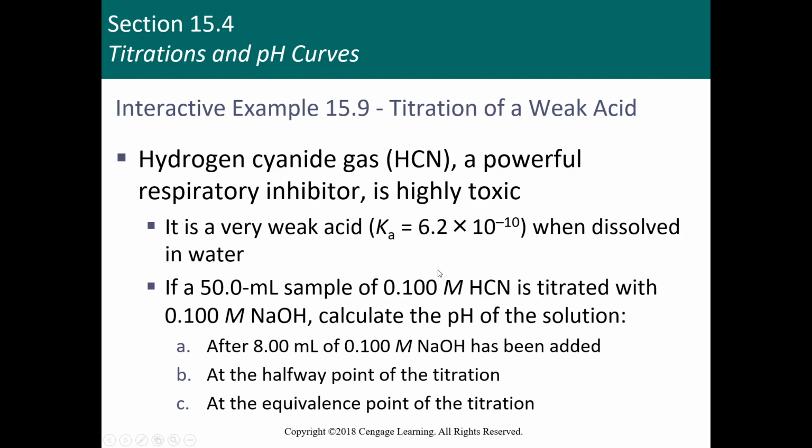And so we have initial amounts of the HCN we can look at. Each of these will then have different conditions. The first thing we'll consider is 8 milliliters of this 0.1 molarity NaOH having been added. The next one we'll consider is the halfway point of this titration, so halfway to the equivalence point. And finally, we'll consider the equivalence point of this titration.